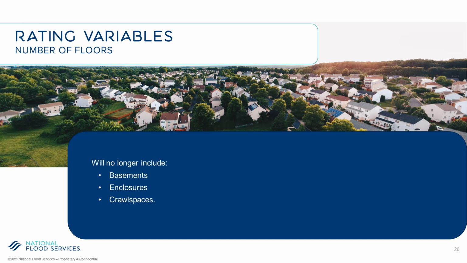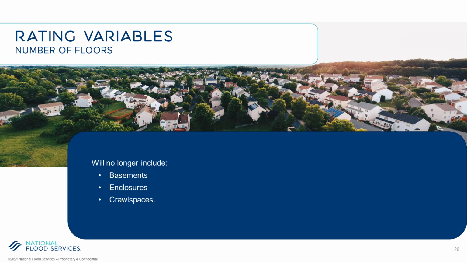Under the new pricing methodology, the number of floors will no longer include basements, crawl spaces, on-grade or subgrade, or enclosures. So for example, if you have a 2-story home with a crawl space or a basement, it would now be listed as having only 2 floors because it's excluding the basement or crawl space.